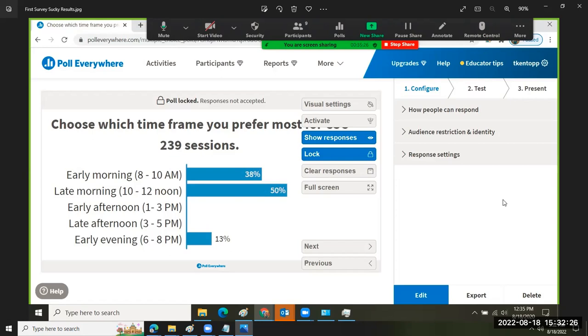And in order to have regular sessions each week, as a class, they needed to decide which time frame was best, so we could narrow down a suitable time to meet every week that would serve most student interests.